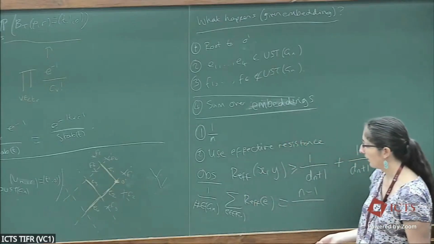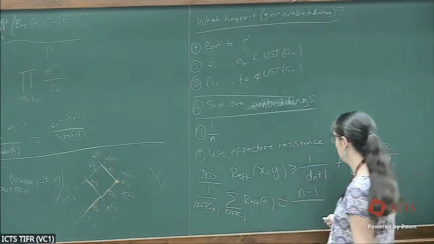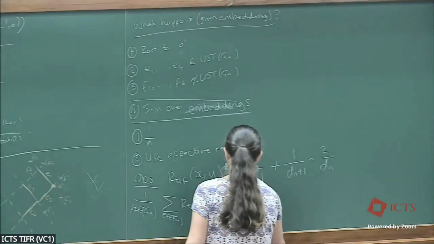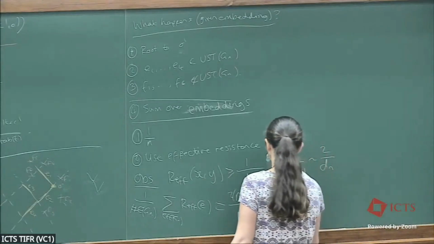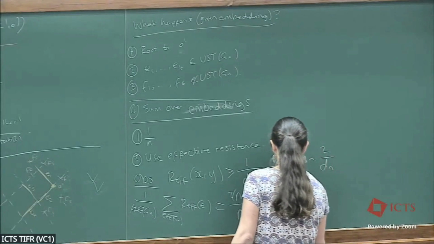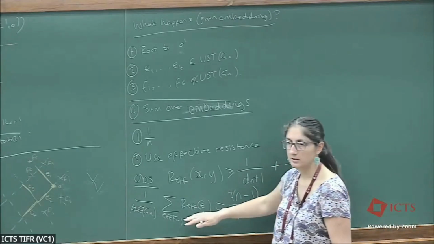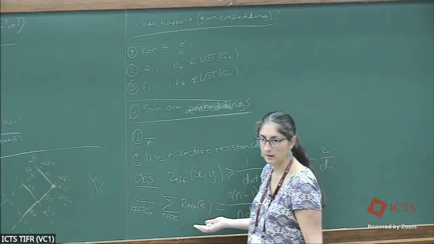How many edges are there? It's n times d_n divided by 2. So I have n times d_n and a factor of 2. This is also asymptotic to the same thing. This is telling me the average effective resistance: if I pick a uniform edge, the expected effective resistance of that edge.